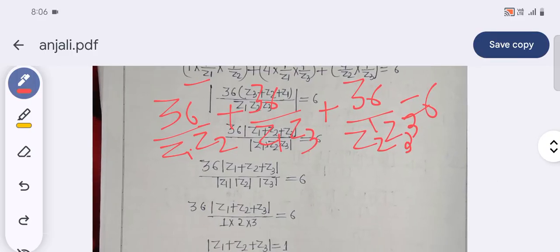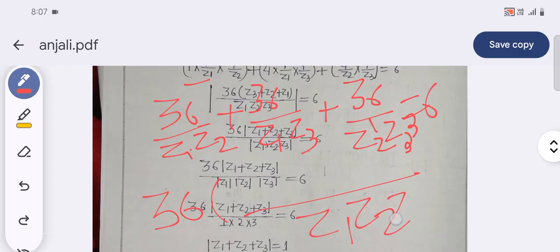Then in the numerator, we will take 36 common. And we will take the LCM. In the denominator, what will be the LCM? z1 z2 z3. So we can remove z1 z2 from z1 z2, what remains is z3, plus in the second term z2 plus z1.